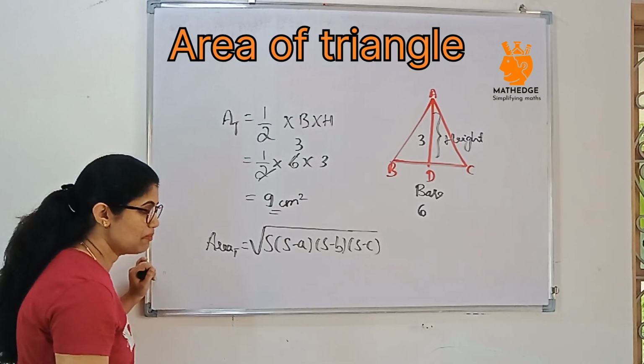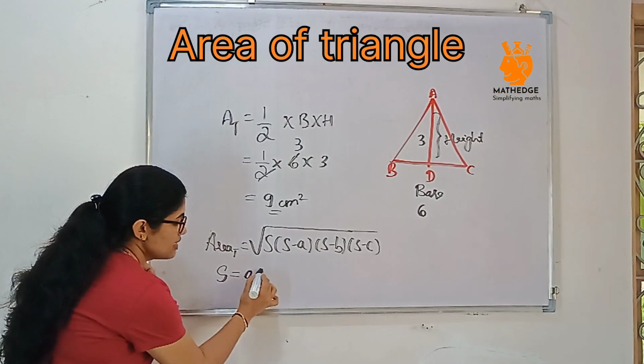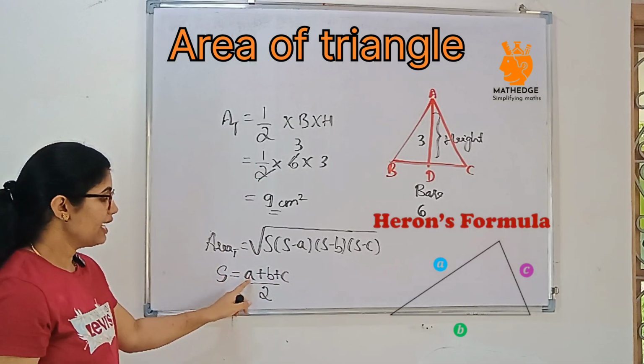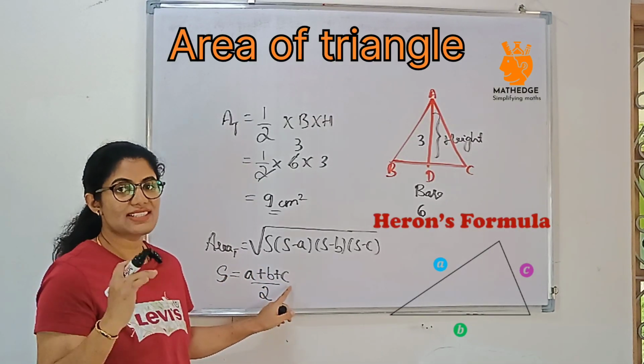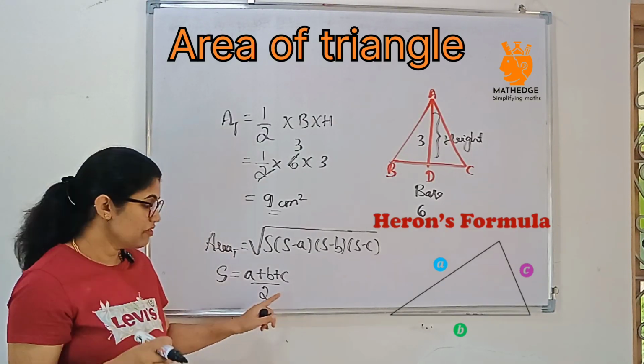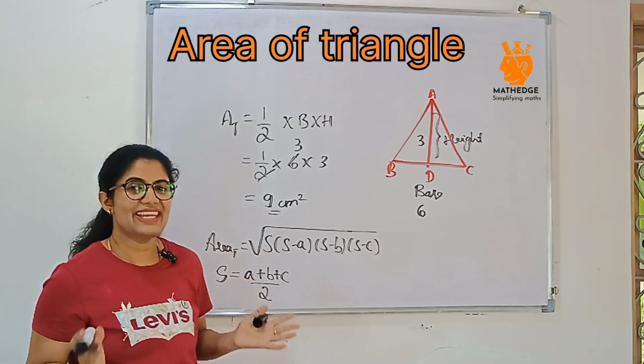S means semi-perimeter, and that will give us A plus B plus C by 2. A, B and C are the sides of the triangle. If you know all the sides of the triangle, we can calculate the semi-perimeter. Then we can substitute this, and we will get the area of the triangle.